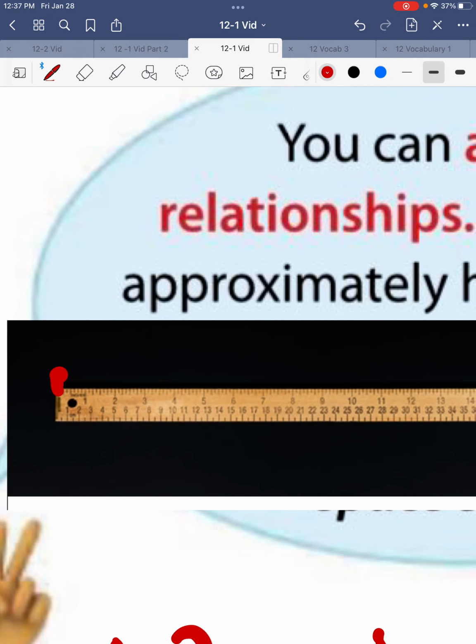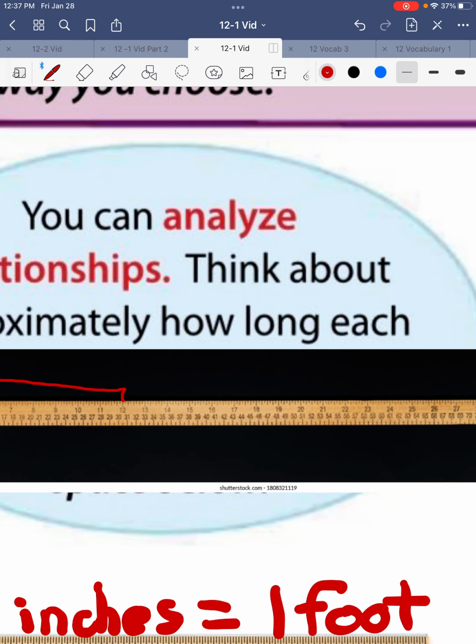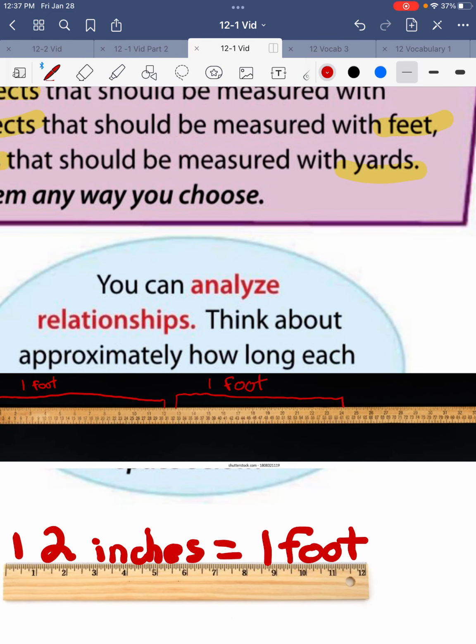So if this was a regular ruler, starting from here all the way to 12 inches, that is 1 foot, okay? Again, if I go from 13 all the way to 24, that's another foot, because remember, 12 inches is equal to 1 foot.